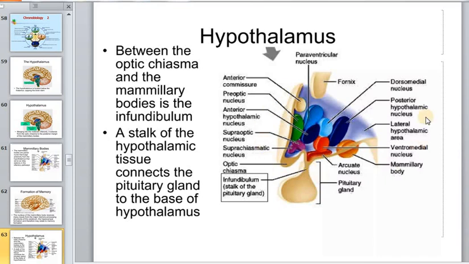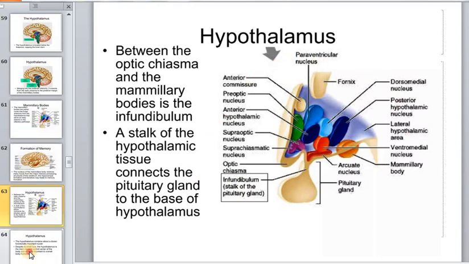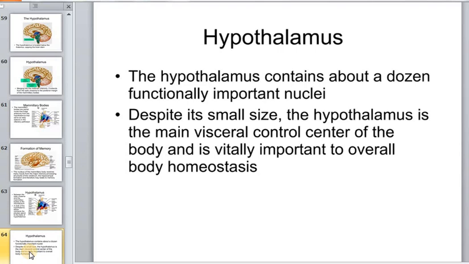And here we see so many nuclei in this area in different colors, and like in the thalamus, a different function with a different color. So in general, the hypothalamus contains about a dozen functionally important nuclei. Despite its small size, the hypothalamus is the main visceral control center.